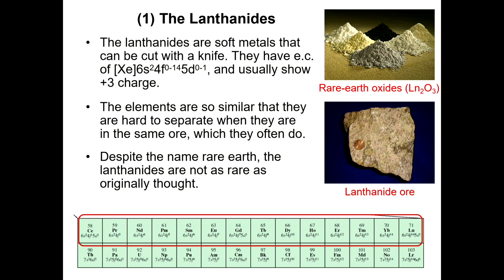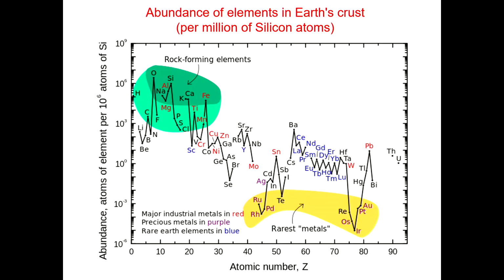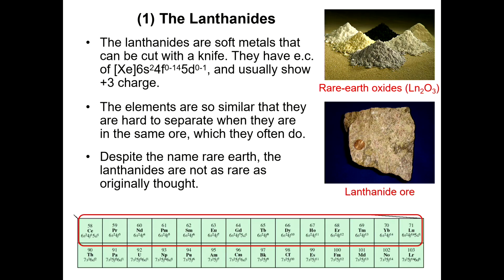When the 4d orbitals are filled, the electrons will be filled in 5d. And when the 5d orbitals are filled, then the electrons will be filled in 4f. So the electron configuration of lanthanides is 4f0 to 14.